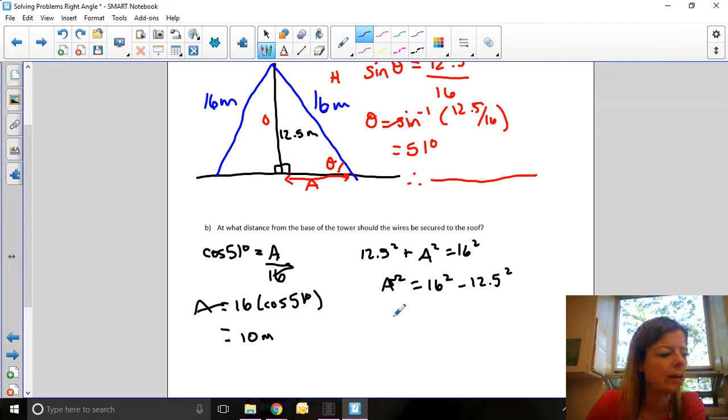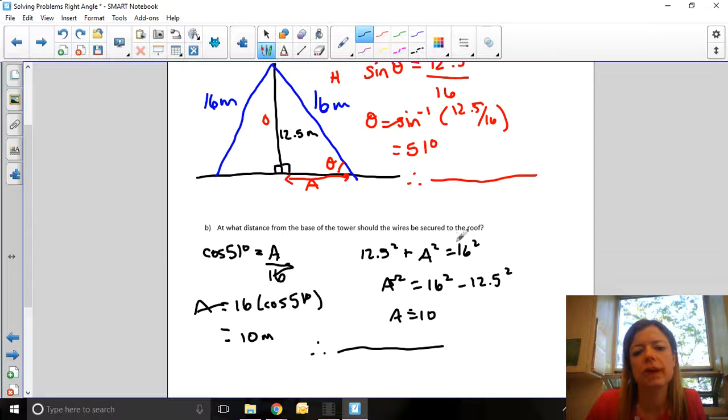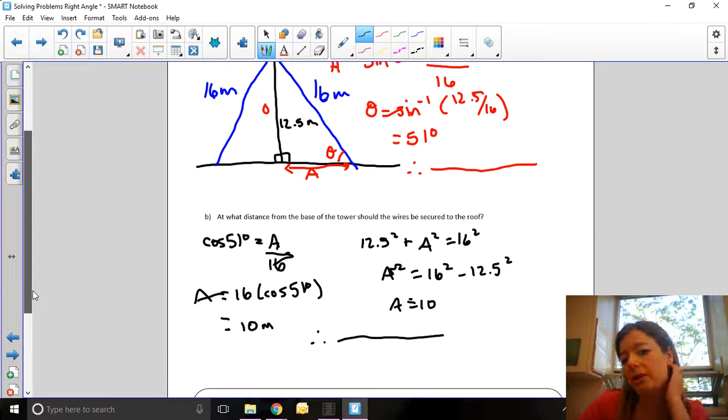So A squared is equal to about 100, so then A is equal to approximately 10 there as well. So your final answer would be, therefore, the wire should be secured about 10 meters from the base of the antenna. So make sure you're actually answering the question that's being asked. So you don't have to show me both of those methods, you just need one of them.